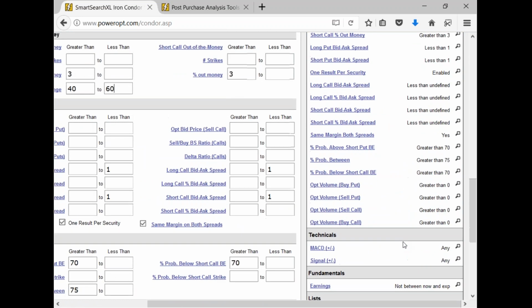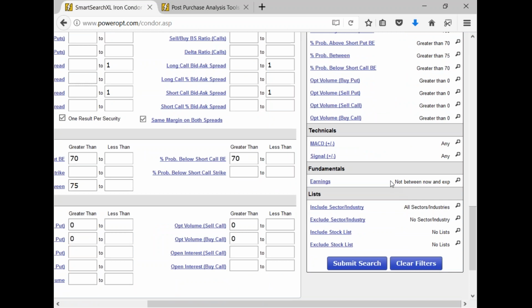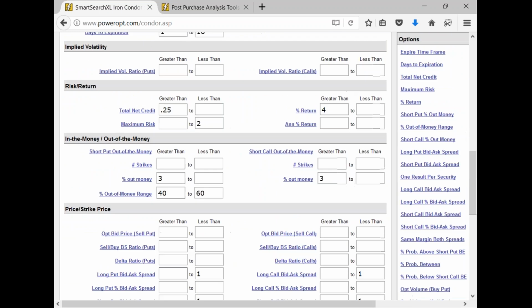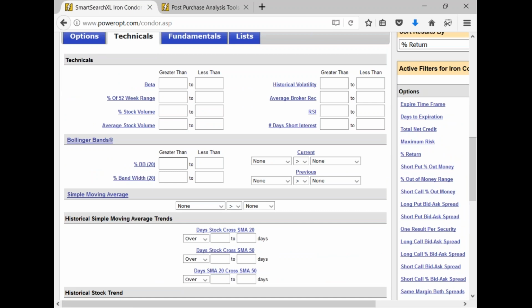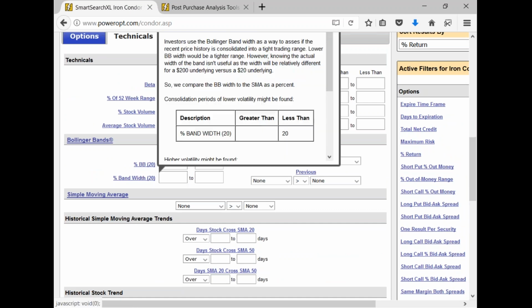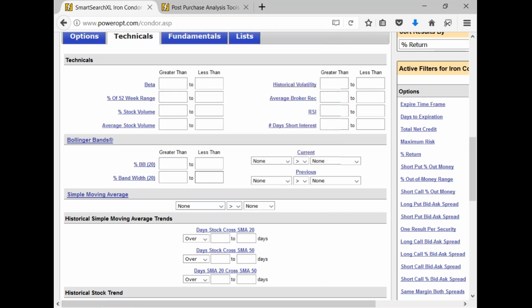What else is there? Really not a lot. We're making sure there's no earnings between now and expiration, but we don't really have any technicals or fundamentals in there. It's really hard to gauge what you might want to put in for the technicals in this scenario. I might use a percent Bollinger Band width to be relatively small, but I want that to also be continuous. I don't want a condensing stock that looks like it's about to break out. I might want something along the lines of IBM, which has had a condensed Bollinger Band for 3, 4, 5 months.